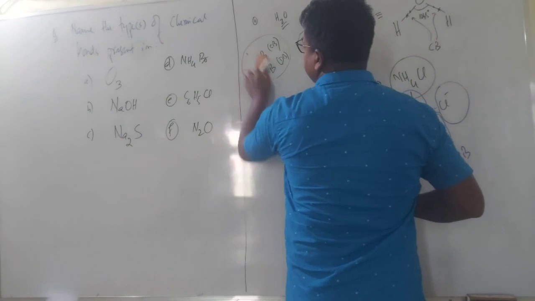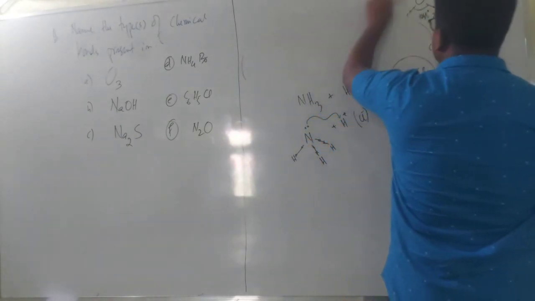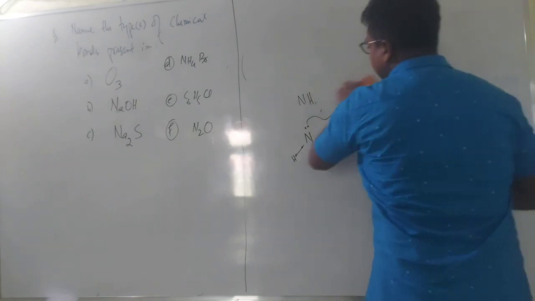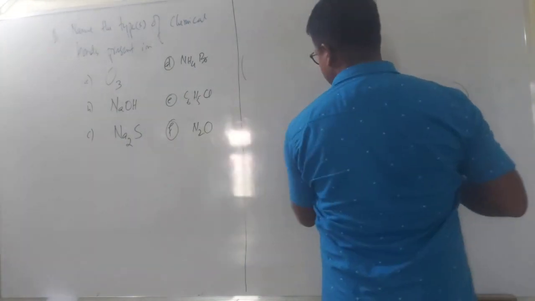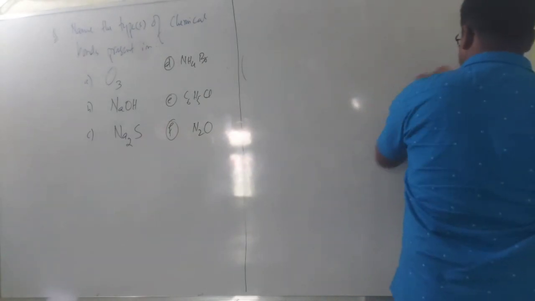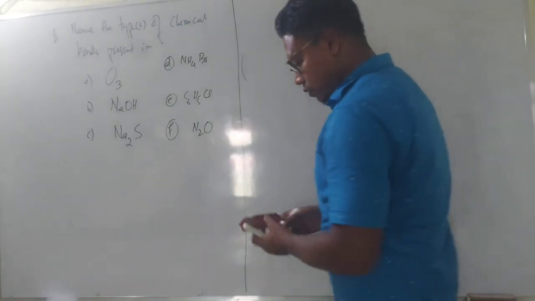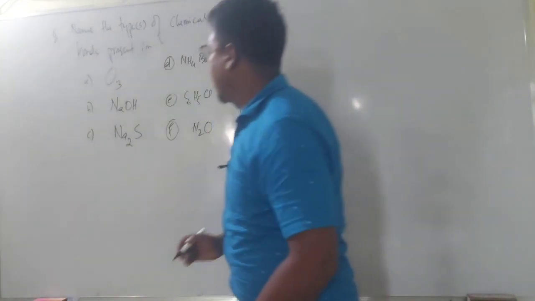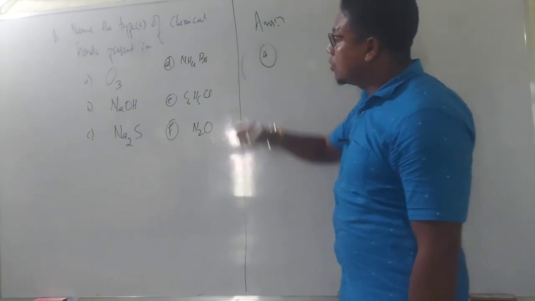Okay, now the first one is ozone. So you can comment in the comment section about the types of bonds present in ozone by pausing the video. Okay, now the answer for A, ozone.